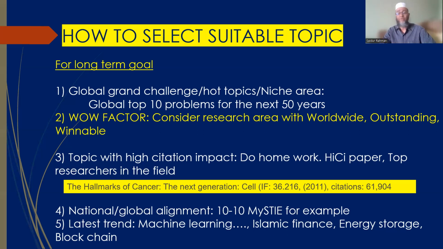This one single paper is cited 62,000 times. So cancer research is very high impact research. Medical related research is high impact research. I will show you in one of the slides with top-notch journals where you can find good examples of these research topics.